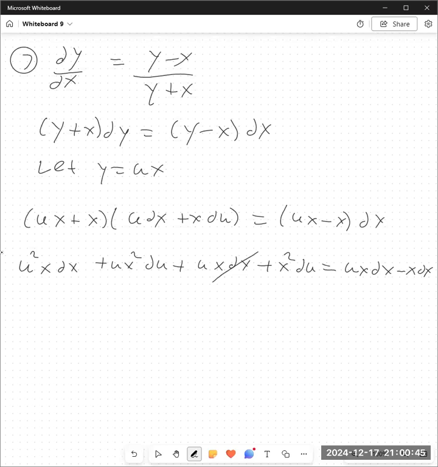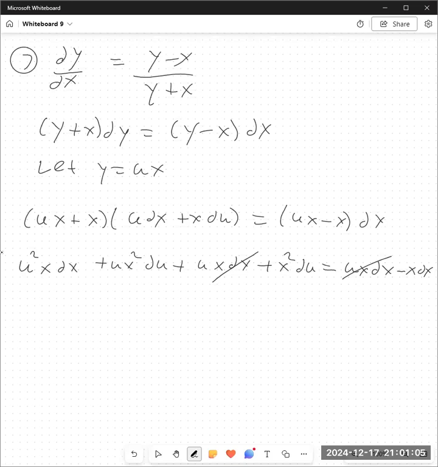So ux dx on both sides zero each other out. And then let's leave my du's on the left and bring my dx's to the right.